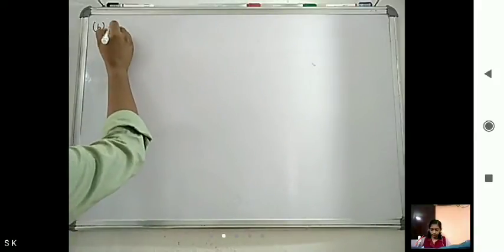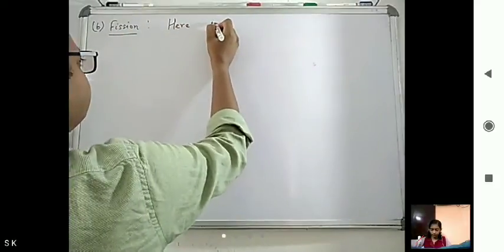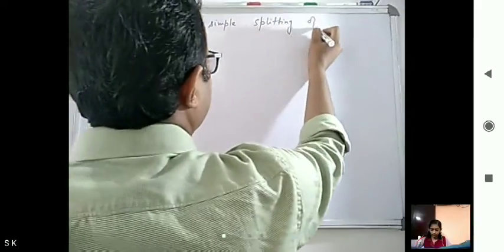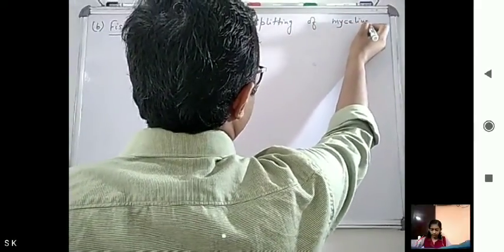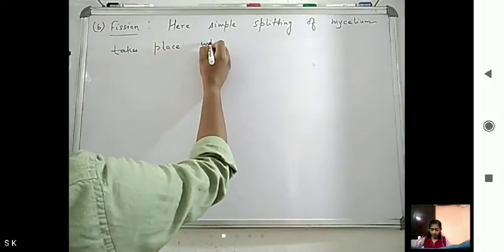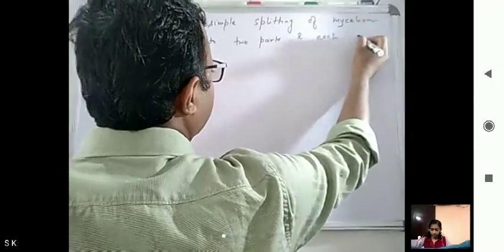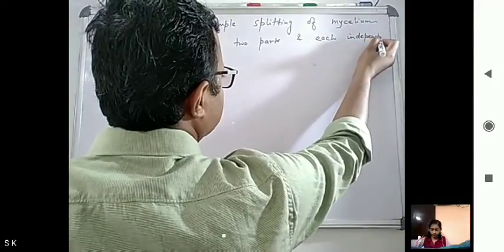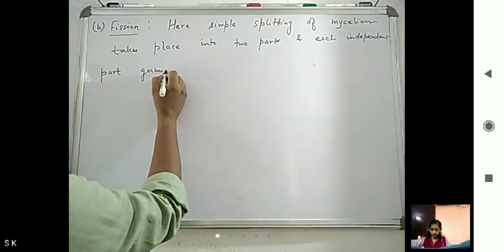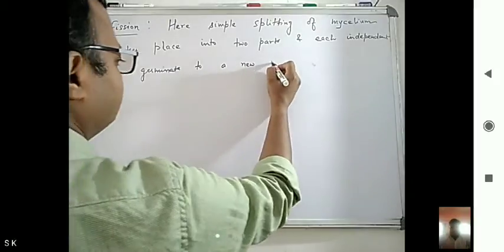The second one is fission. Here, simple splitting of the mycelium takes place into two parts, and each independent part germinates into a new mycelium.